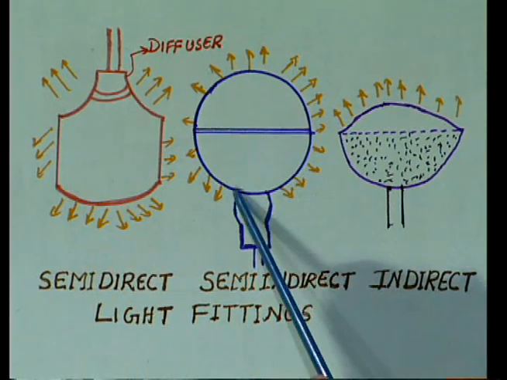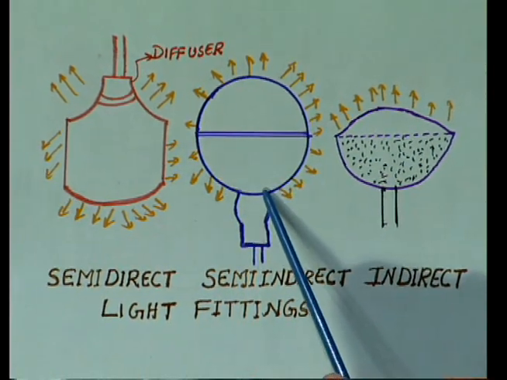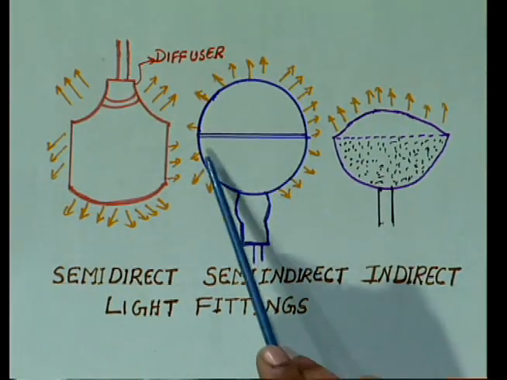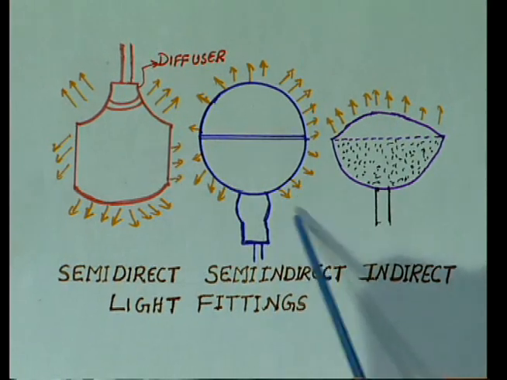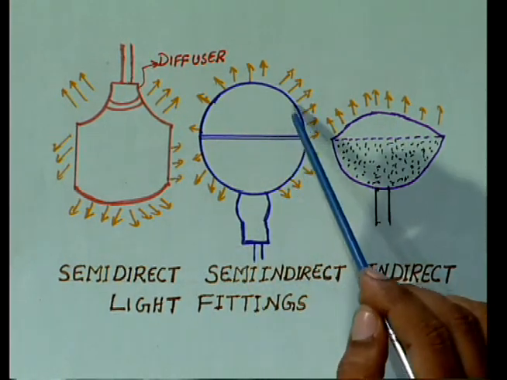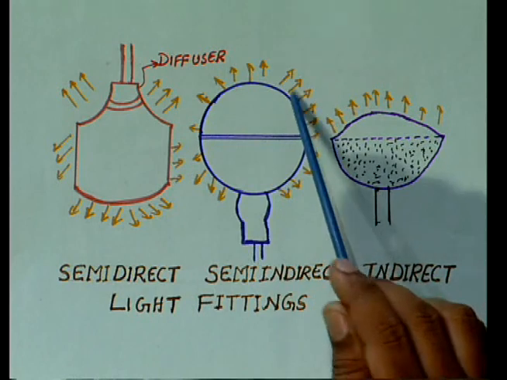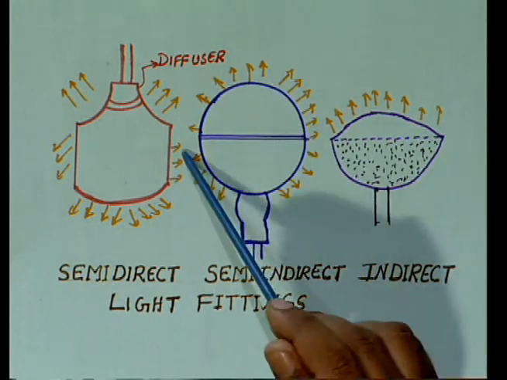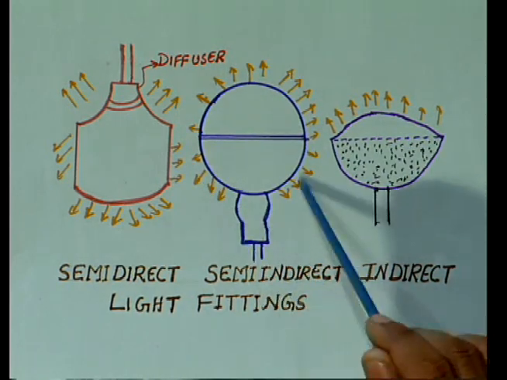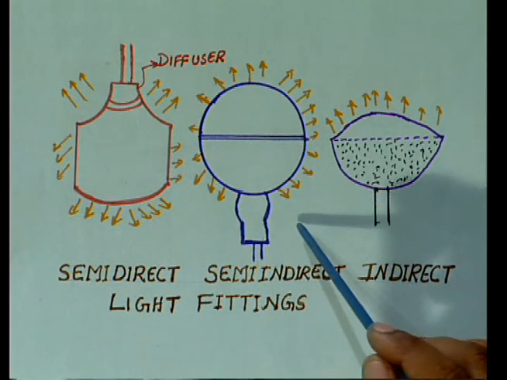This is the reflector where the lamp will be fixed inside, and only part of the light will be passing onto the working space, and the rest will be thrown again upwards. So only this part will be useful in the working space.